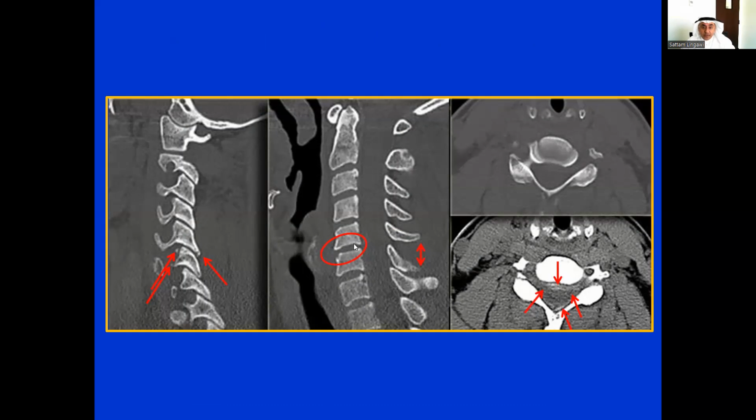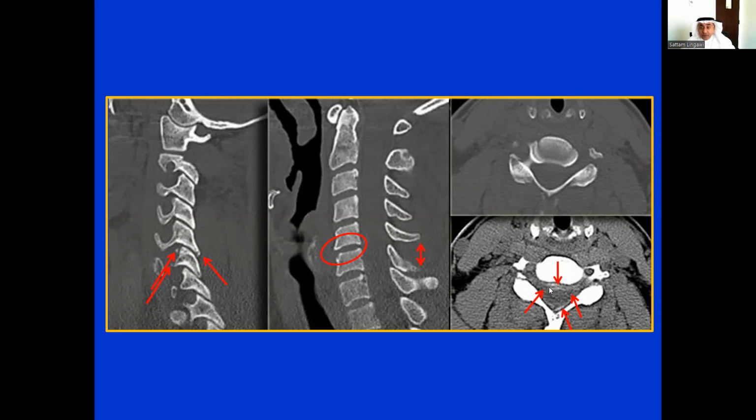There is narrowing of the intervertebral disc space, and there's widening of the interspinous space. So this is a flexion injury with disruption of the posterior ligaments, with disruption of the intervertebral disc associated with chip fractures coming out of the facet joints in here.